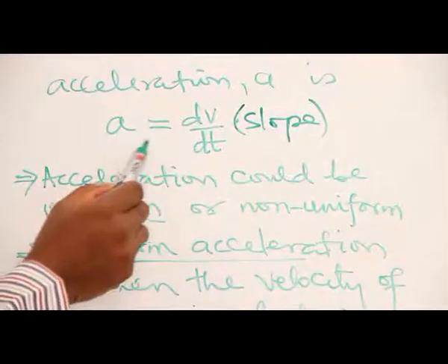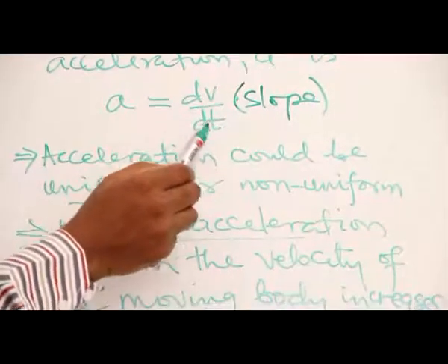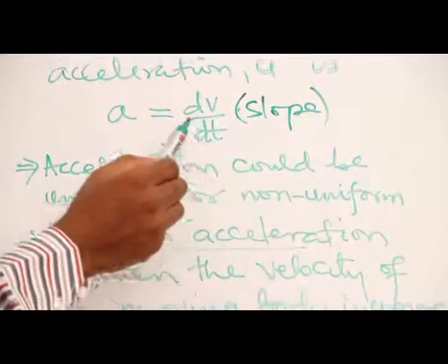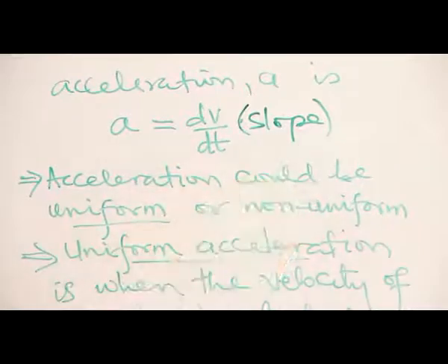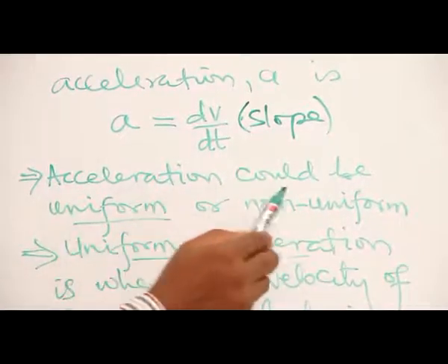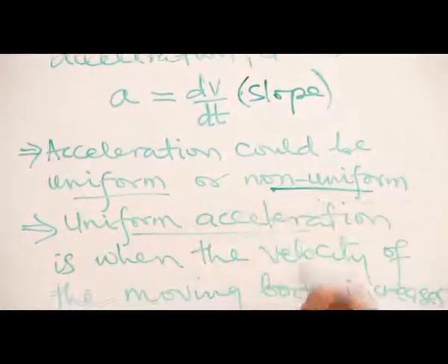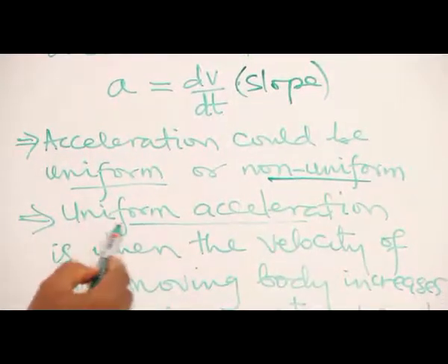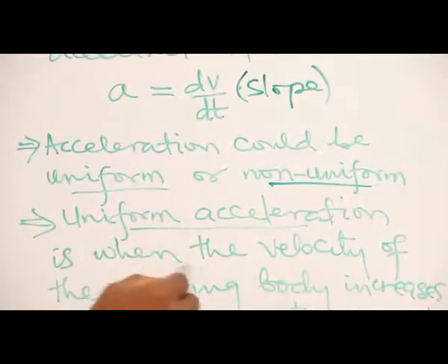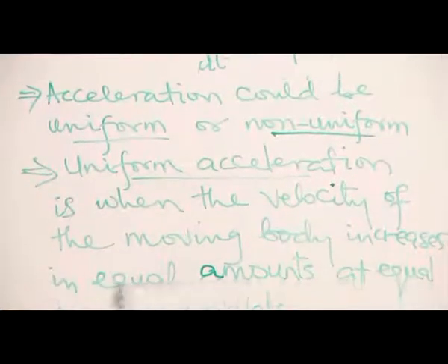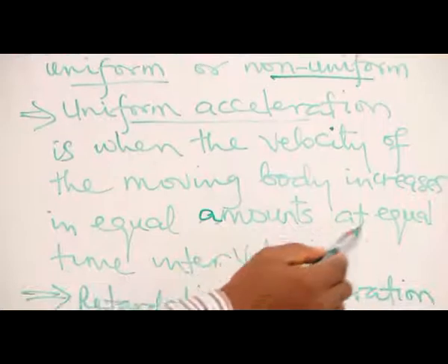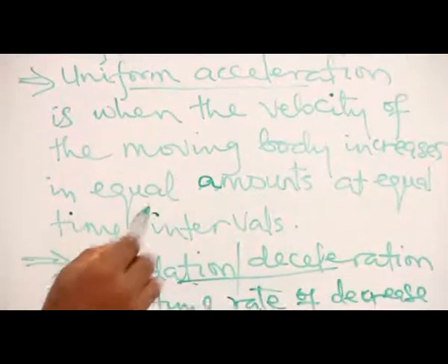Acceleration equals change in velocity divided by change in time, represented by dv divided by dt, which is the slope. Acceleration could be uniform or non-uniform. Uniform acceleration is when the velocity of the moving body increases in equal amounts at equal time intervals.